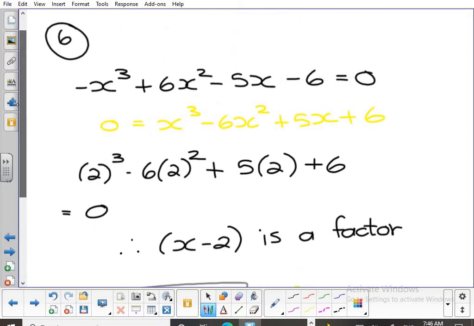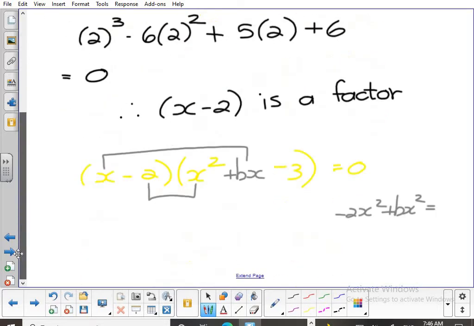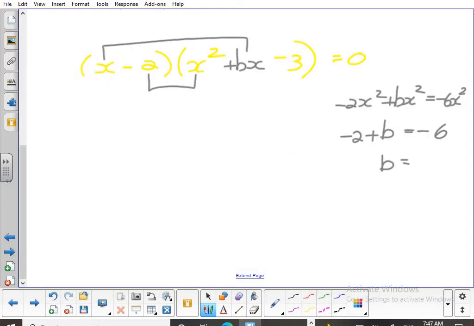I go back to my equation. And it will be equal to the x squared in there, which is minus 6x squared. Which translates to this. Minus 2 plus b is minus 6. Just take the x's away. Which means if I solve b, 2 will go across, it will become minus 4. Which in turn will go in there.